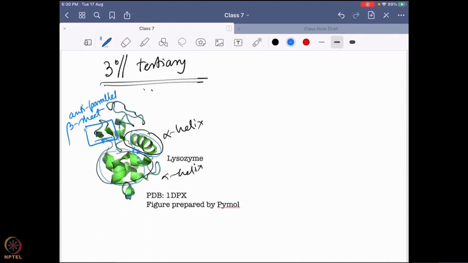They also start having some interactions, and with respect to that, you have an optimized orientation of the protein with respect to alpha helix and beta sheets. And this full system is known as the tertiary structure. So primary structure is only the sequence, secondary structure is only from the backbone you are getting alpha helix or beta sheet. And if alpha helix and beta sheets are oriented in a particular conformation, that is known as the 3-degree or tertiary.